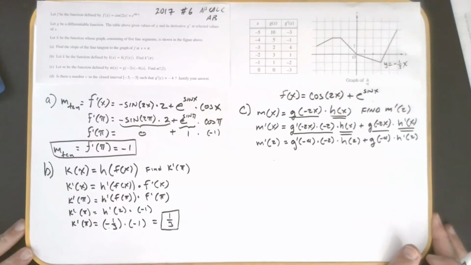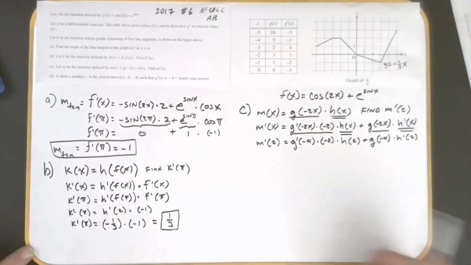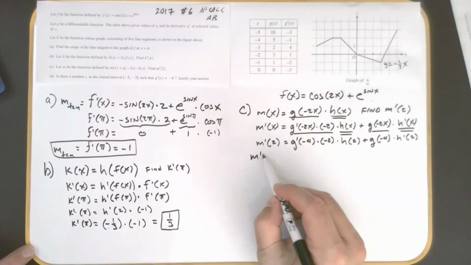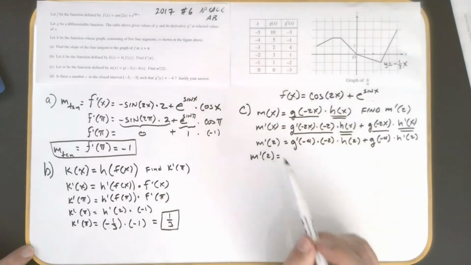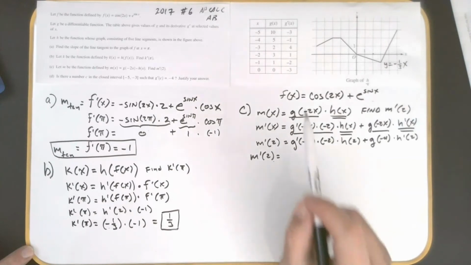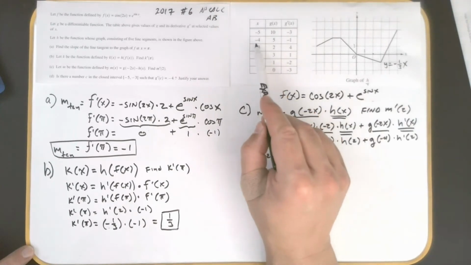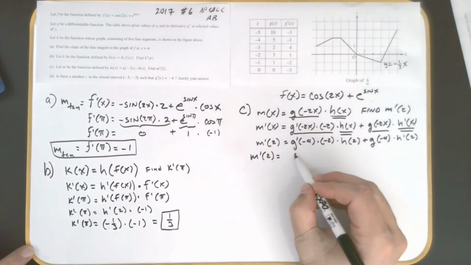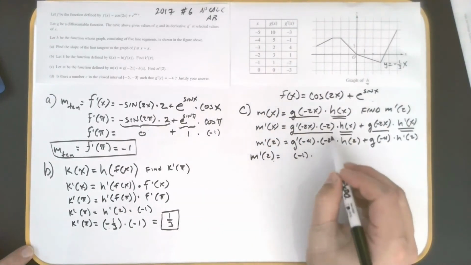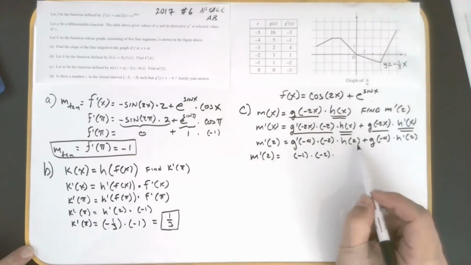All right. So now, let's see if we can simplify here. So now I have m prime of 2. Well, the g values are now the table, so we can go there and get those. So g prime of negative 4, my x value is negative 4, g prime is negative 1. So I get negative 1 times, this negative 2 has just been hanging out there the whole time, times h of 2.